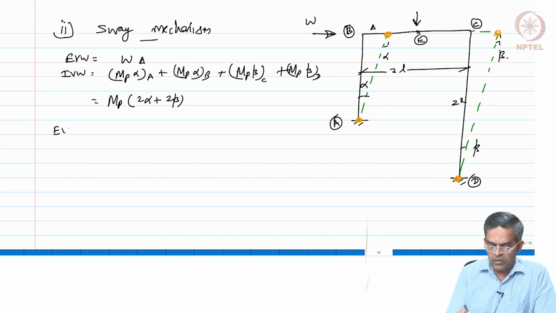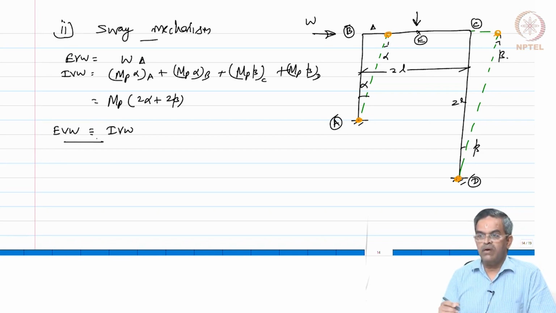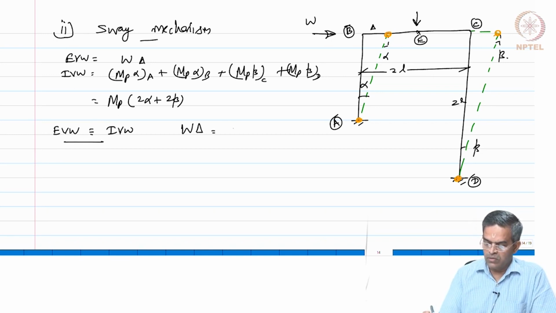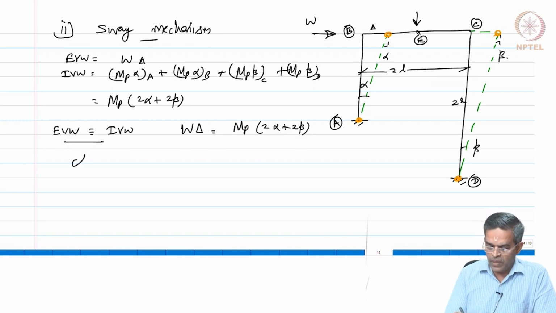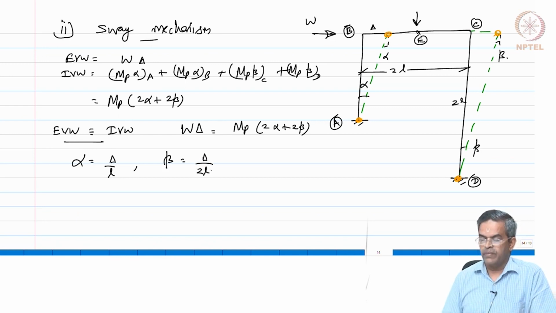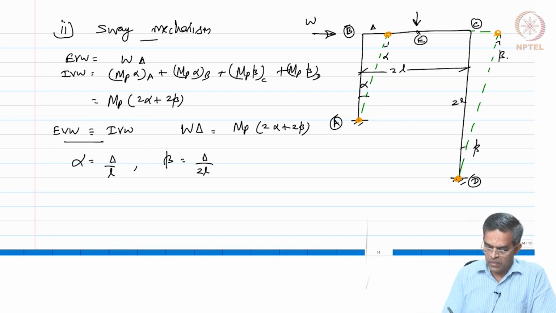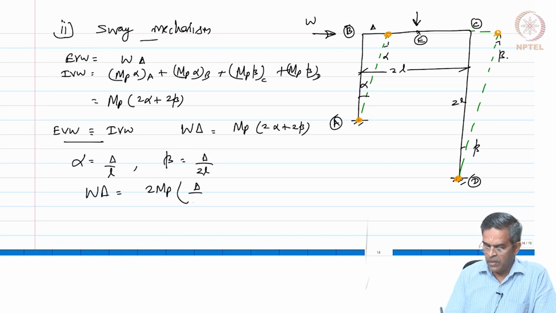By the principle of virtual work, external virtual work should be equal to internal virtual work. So, W delta should be equal to MP into 2 alpha plus 2 beta. Now, we know from the figure alpha is delta by L and beta is delta by 2L. Let us substitute that here. So, W into delta is going to be 2 times MP of delta by L plus delta by 2L.